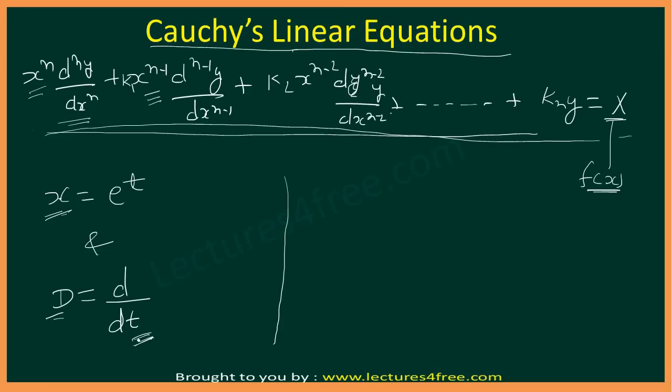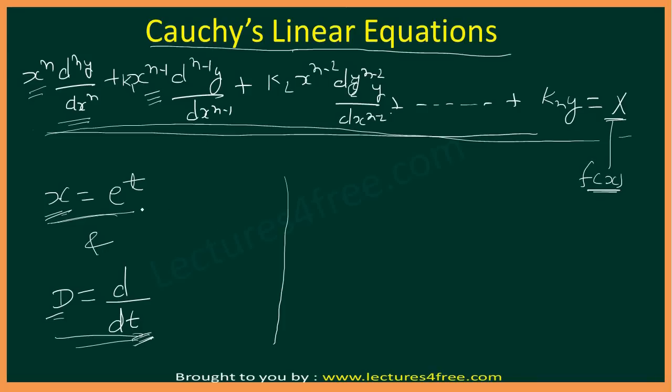So we are changing the independent variable from x into t by making these assumptions. This equation will be converted into a d by dt equation, and in that equation we will only have constant coefficients. We will not get any function of x or function of t.